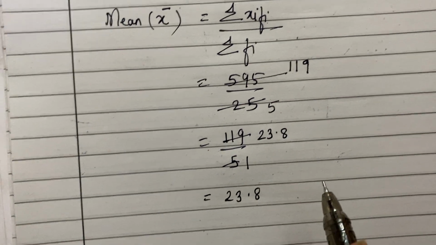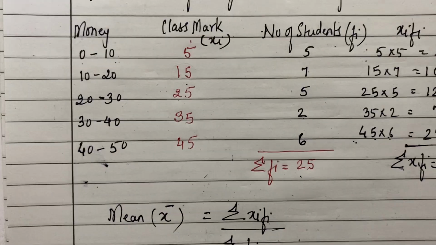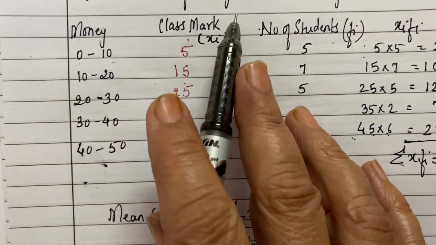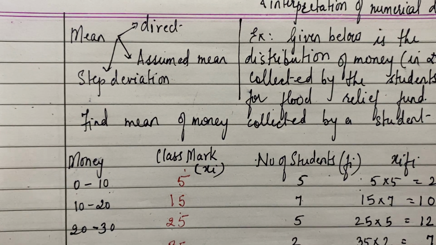It is 23.8. What is this mean denoted by? It is the mean of money collected. What is the question? Find the mean of money collected by a student.